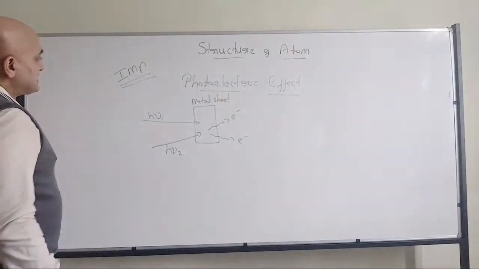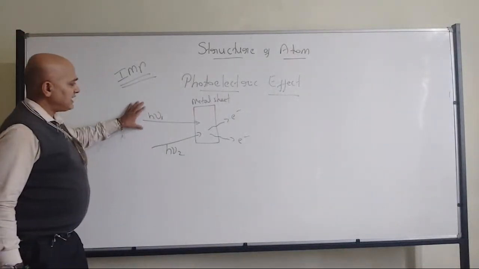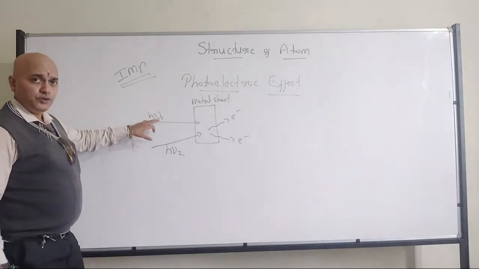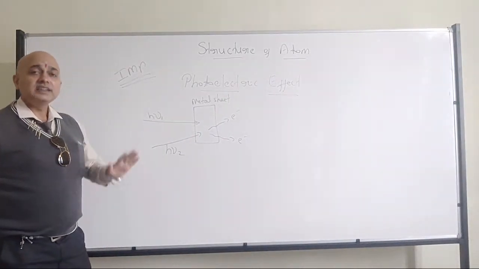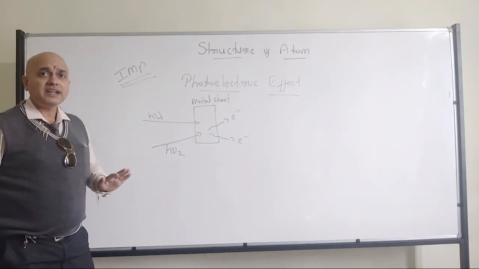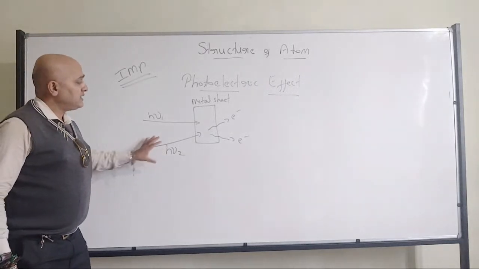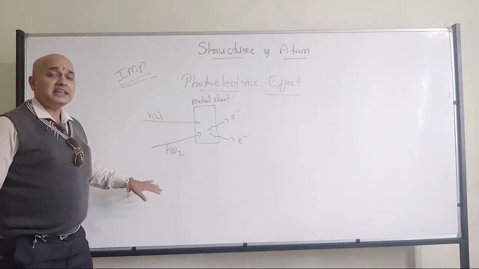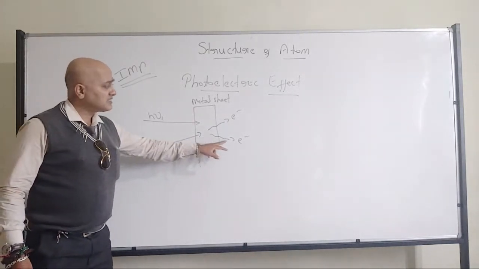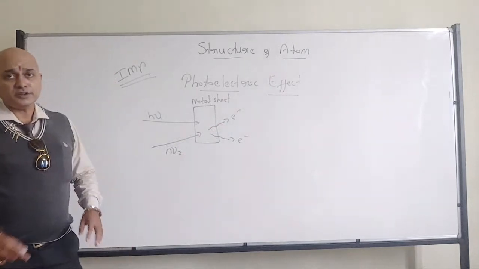We have one radiation with frequency nu 1. When it is falling on the metal surface, no ejection of electron can be observed. But when the same metal sheet is exposed to h nu naught, another energy radiation, now we can see there is an ejection of electron.